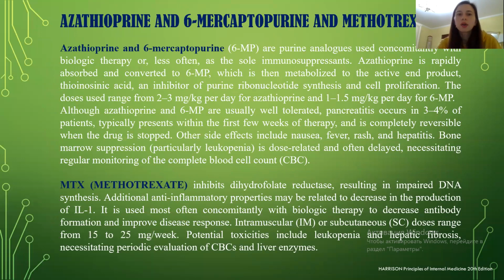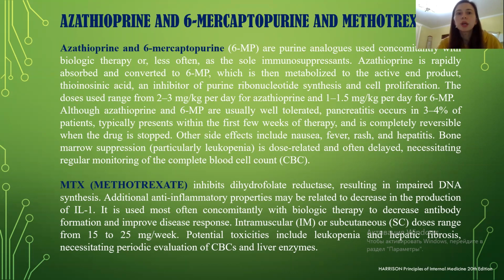Next, drugs: azathioprine, 6-mercaptopurine, and methotrexate. Azathioprine and 6-mercaptopurine are purine analogs used concomitantly with biologic therapy or, less often, as a sole immunosuppressant.